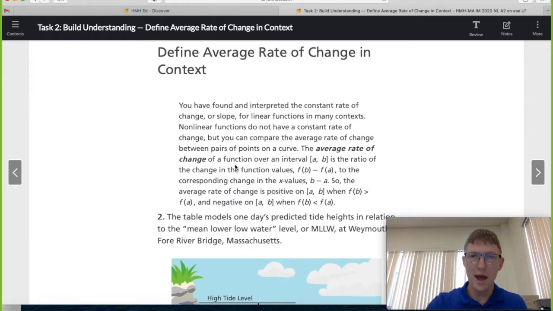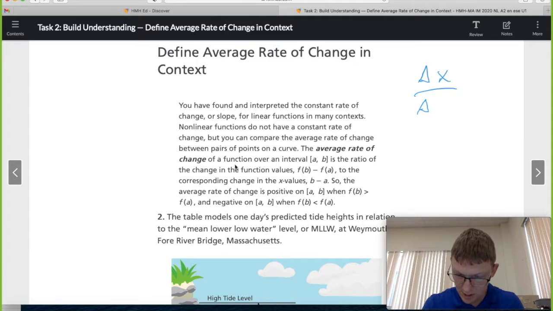So if you have a function, the way I remember it, and this is my science brain kicking in, delta also stands for change. Change of x over change of y. Or to use their words, is the corresponding change of the x values, b minus a.